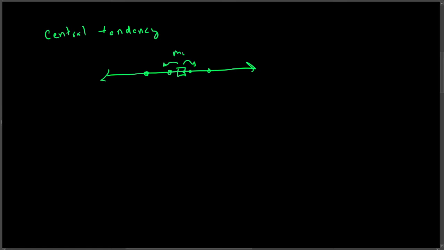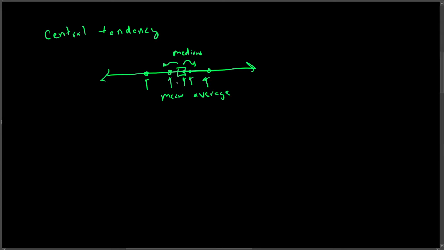And that's called the median. Or we can think about the values of each number, whatever these values are, and find a weight or balance to them, which we call the mean or the average.